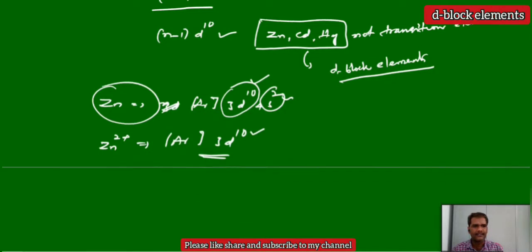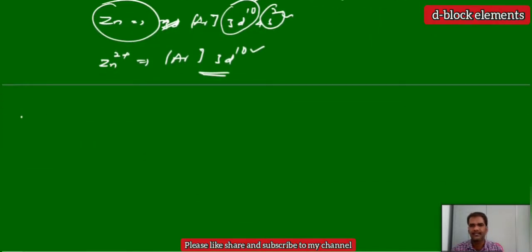So we can make one statement here: all transition elements are d-block elements, but all d-block elements are not transition elements.